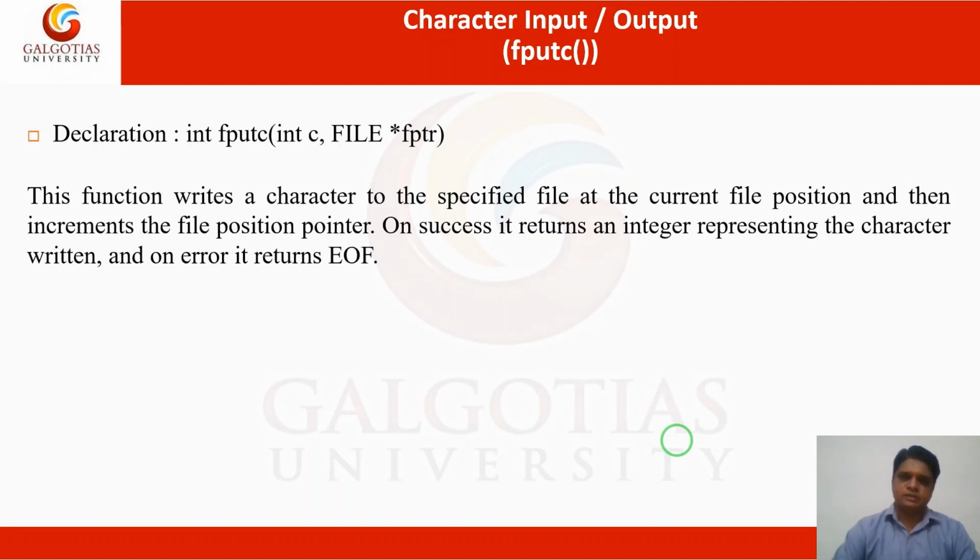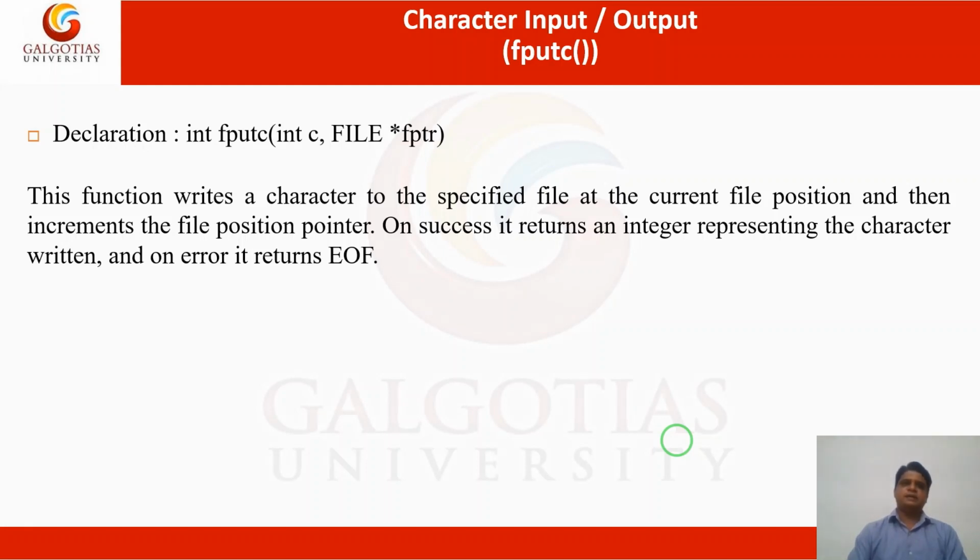Incrementation is done automatically: once you have written a character, the pointer automatically moves to the next location. On success, it returns the integer representation of the character written, and on errors it returns end of file.